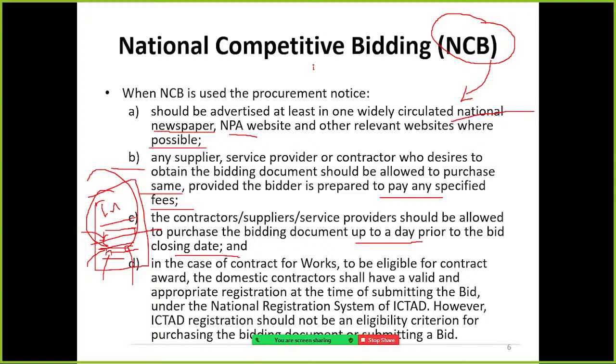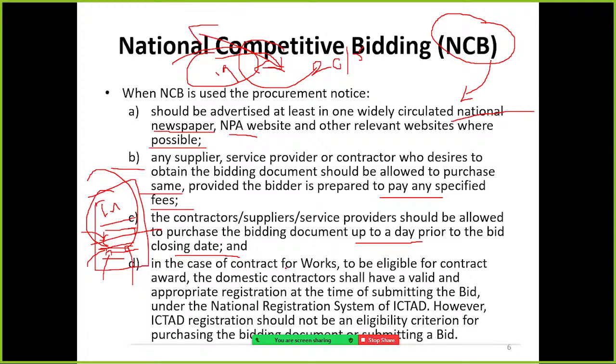So if the closing date is 20th of May, even on the last day, 19th May, if any supplier is willing to apply for the bid, the procuring entity, the public sector institution, should allow them to purchase and participate in the bid.